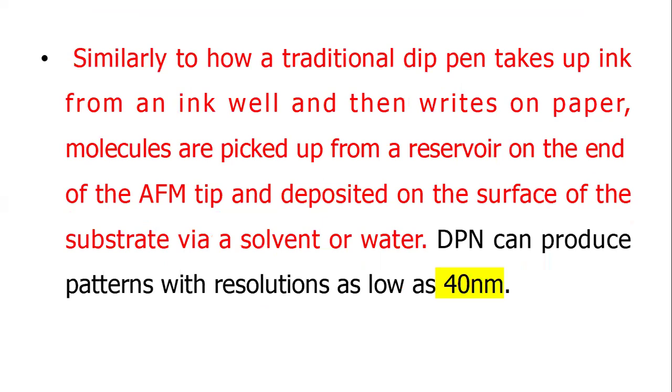Similarly to how a traditional dip pen takes ink from an inkwell and then writes on paper, molecules are picked up from the reservoir on the end of the atomic force microscope tip and deposited on the surface of the substrate via the solvent or water. Dip pen nanolithography can produce patterns with a resolution as low as 40 nanometers.